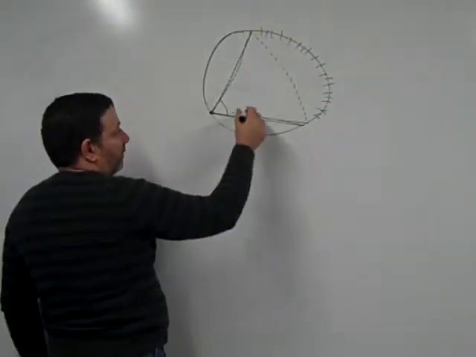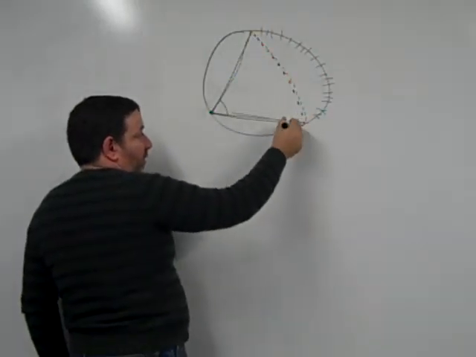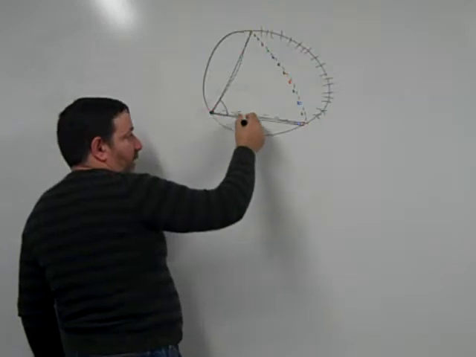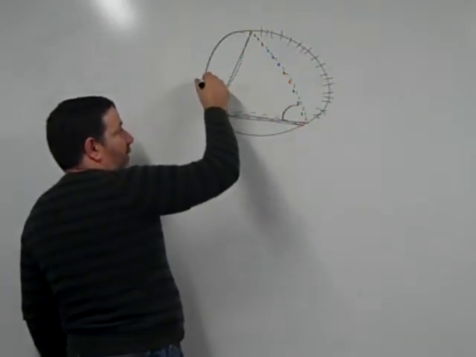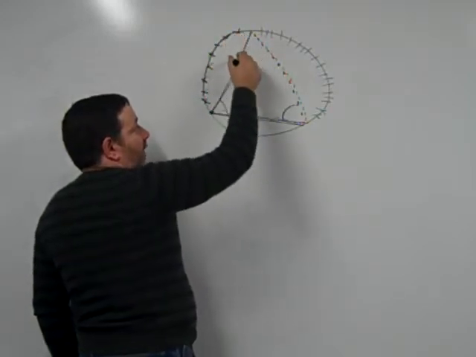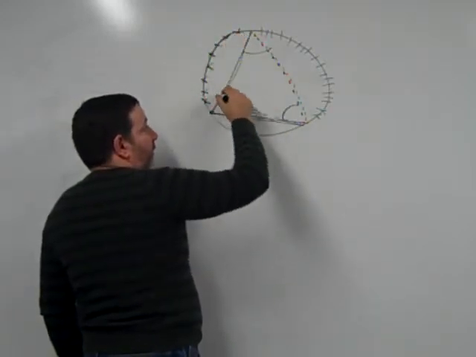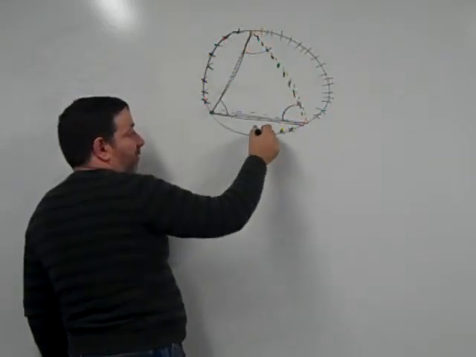Now, if we consider this inscribed angle, it cut off this portion of the arc. And now this angle up here, it cut this off.